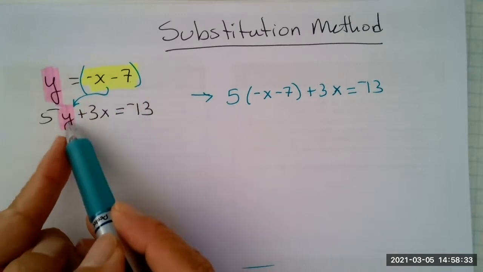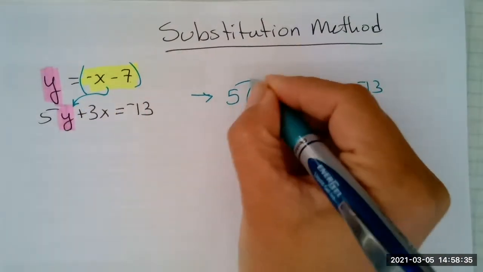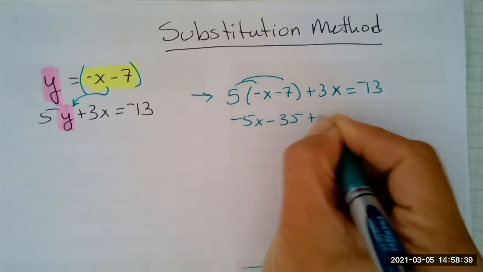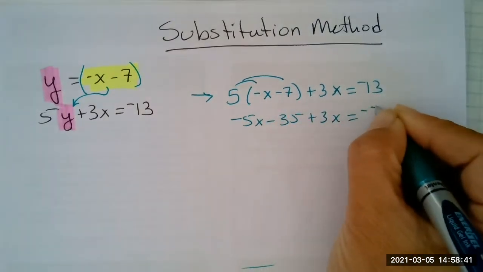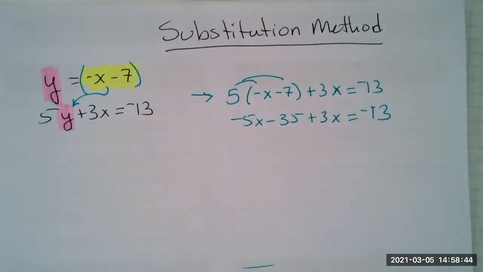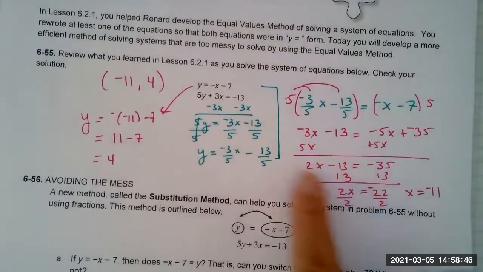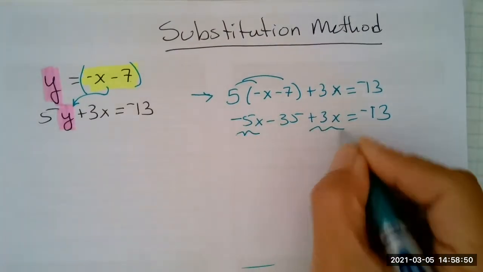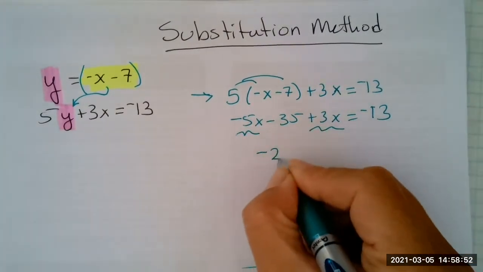Now it's just a matter of distributing. Some of these numbers should look familiar, right? Those are these numbers coming up again. I can combine like terms. So that's going to be negative 2x.